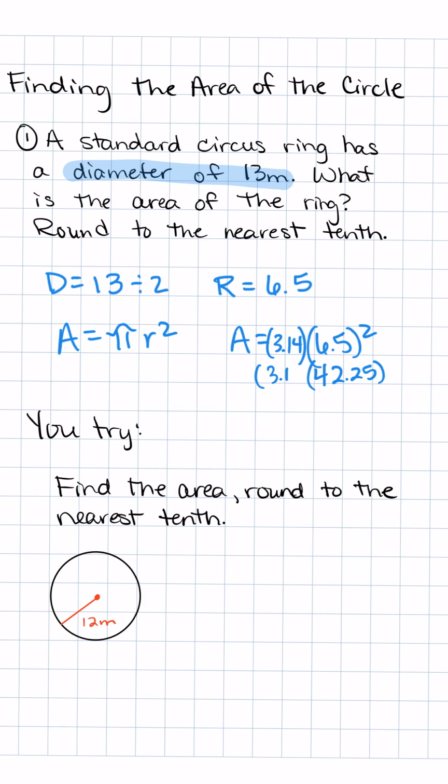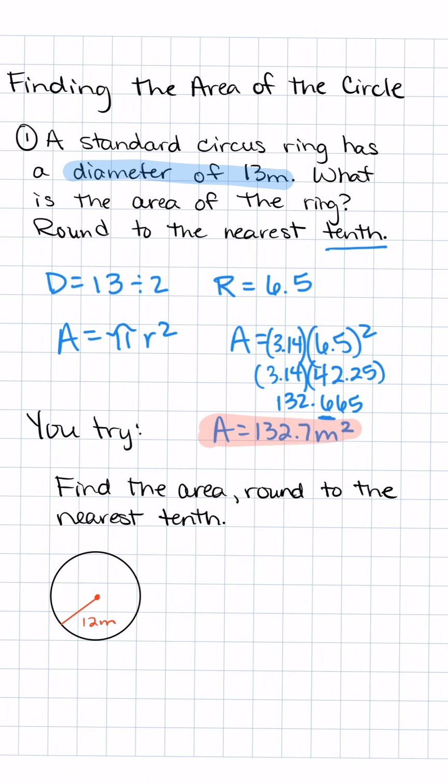Multiply that by 3.14, or pi, and that's going to give us 132.665. So we're going to round because it said to round to the nearest tenth. So we want to round here. The 6 makes it go up. So the area equals 132.7. And then because it is area, we want to add in meters squared. Area always equals the meters squared.